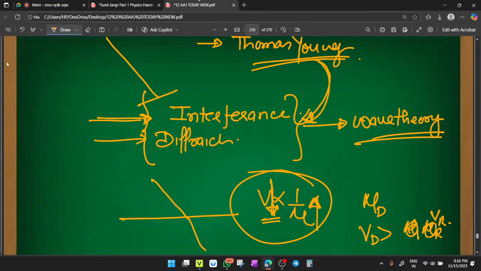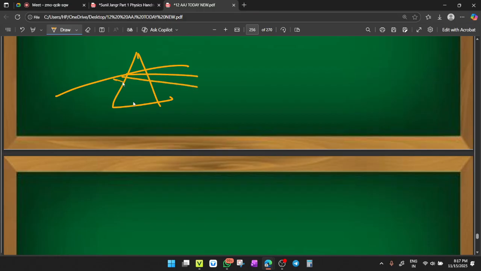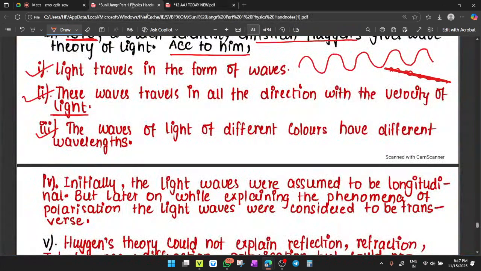You know, light is made up of seven colors. Newton already gave the concept of seven colors by spreading light with a prism. Christian Huygens said that light is made up of different colors, and different colors have different wavelengths. Clear?